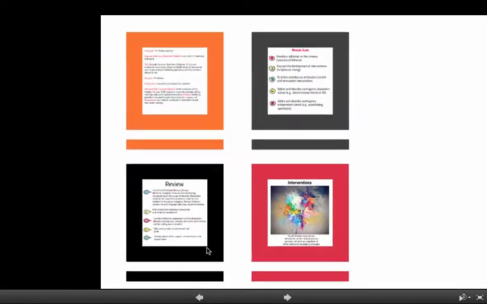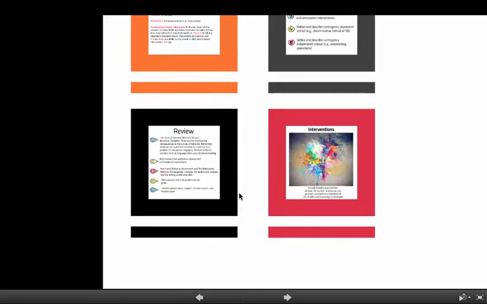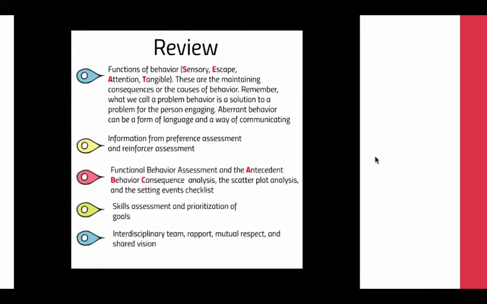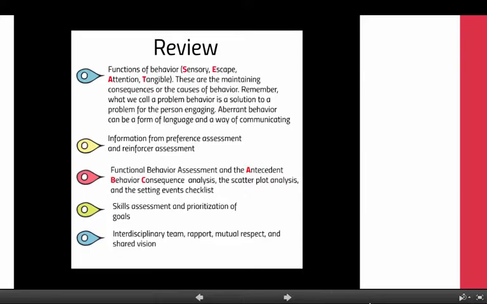Now, by way of quick review, I just want to remind you of many other things that we've already discussed in these modules. We've talked about the functions of behavior, and in a number of modules earlier, I gave you a mnemonic device, SEAT, to remember the primary functions of behavior, the reasons why behavior occurs, the causes of behavior.